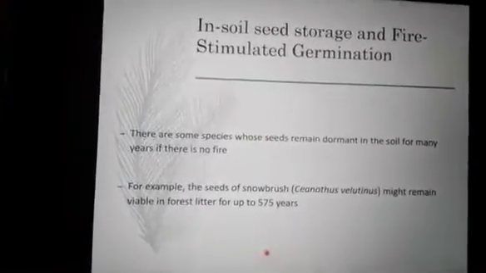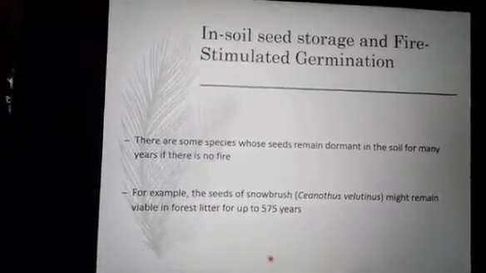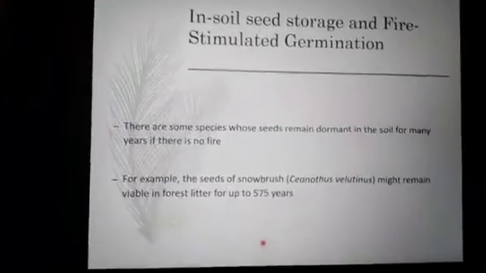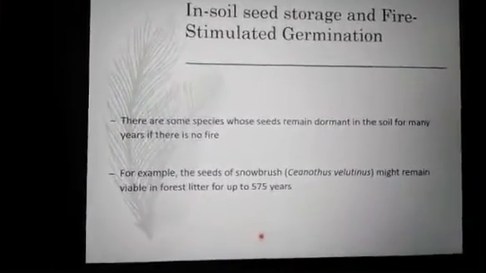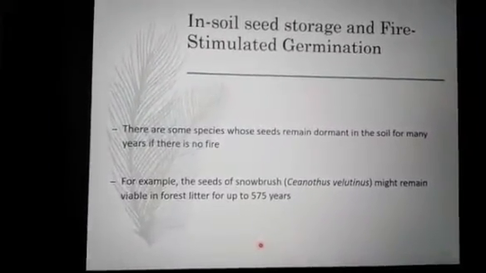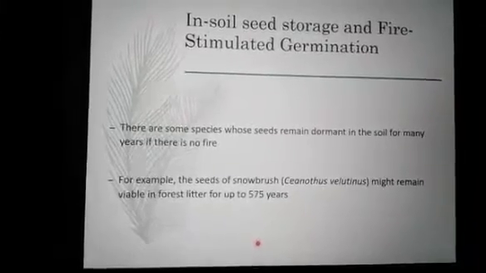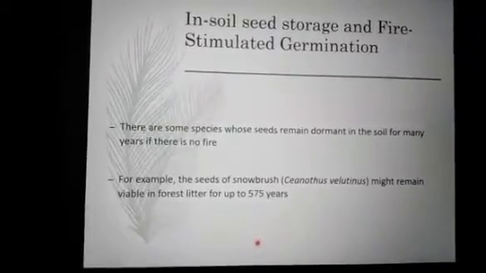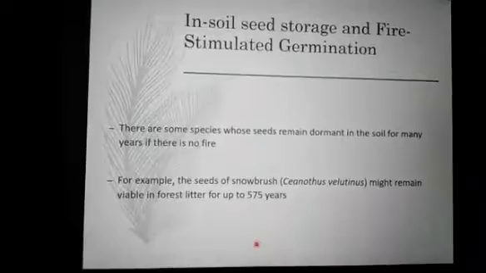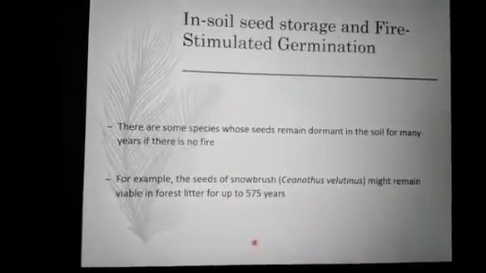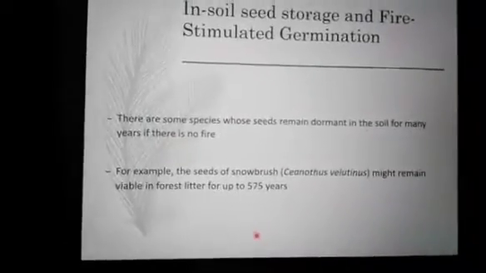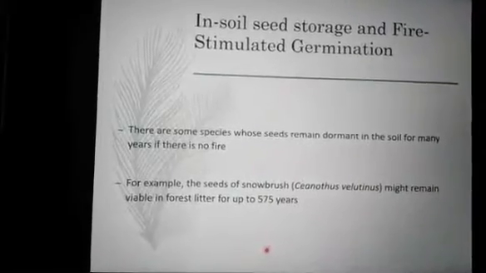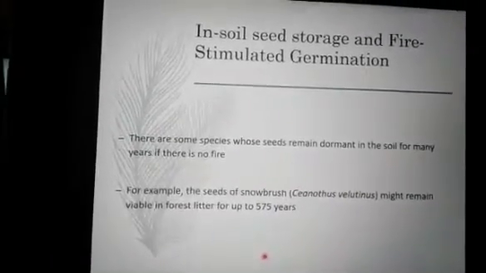An example is some Protea species, which need fire for germination to be stimulated. Another example is the seed of snowbrush, which might remain viable in the forest litter for up to 575 years until the fire occurs.